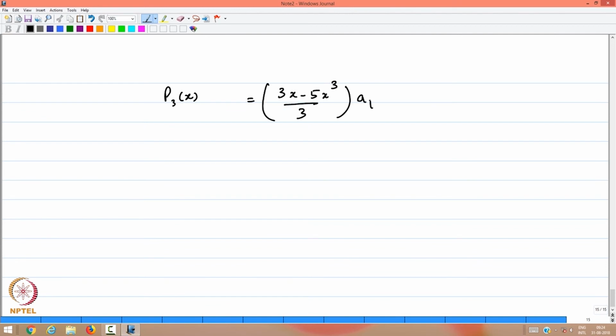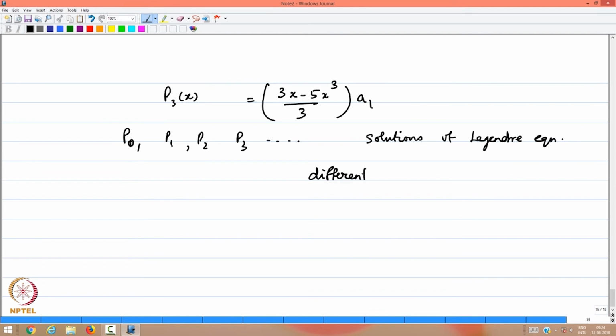Therefore, now you see that a whole series of solutions P0, P1, P2, P3 are all solutions of the Legendre equation for different choices of L, and L is actually given by the subscript index.